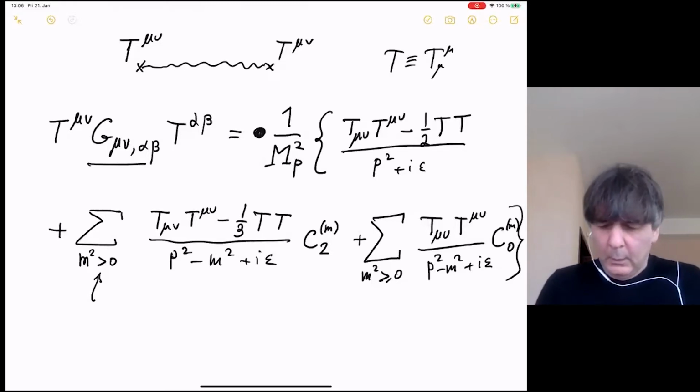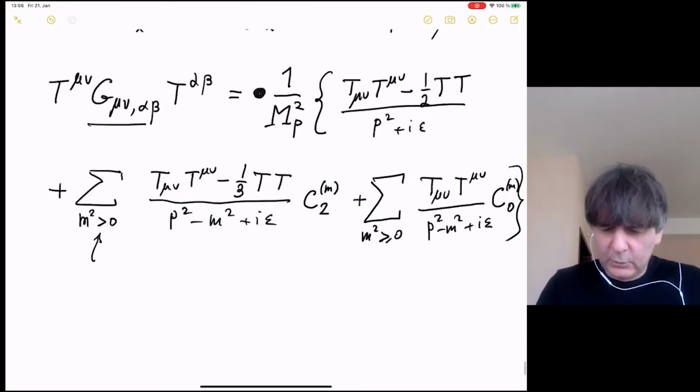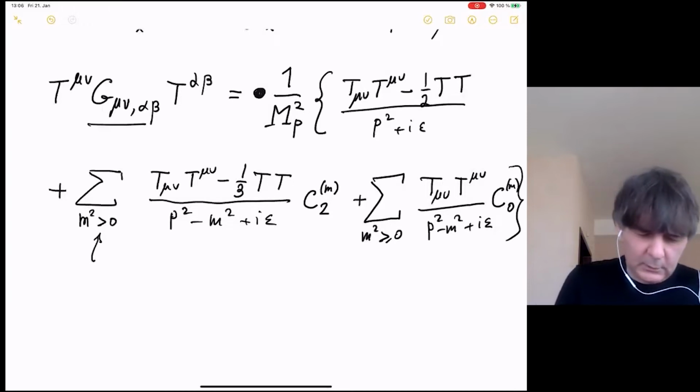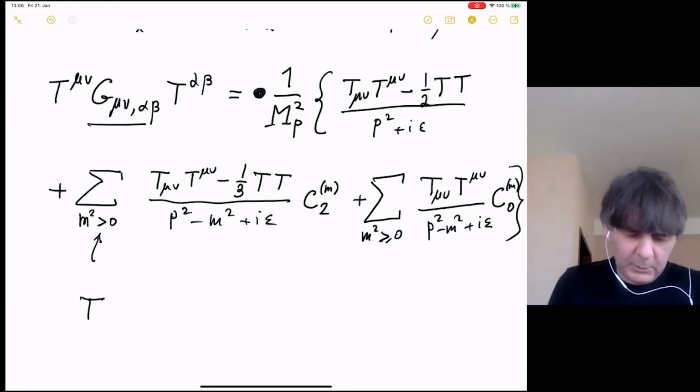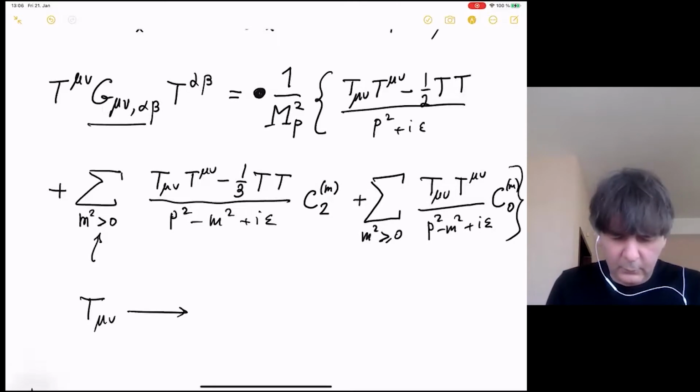For example, let's choose T, the energy momentum, to be a non-relativistic source of mass M1.